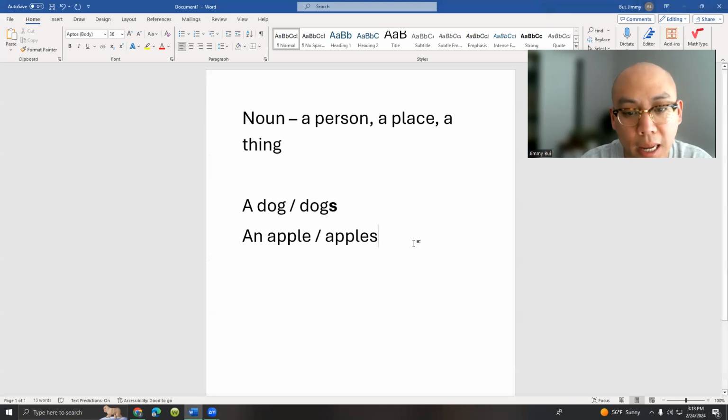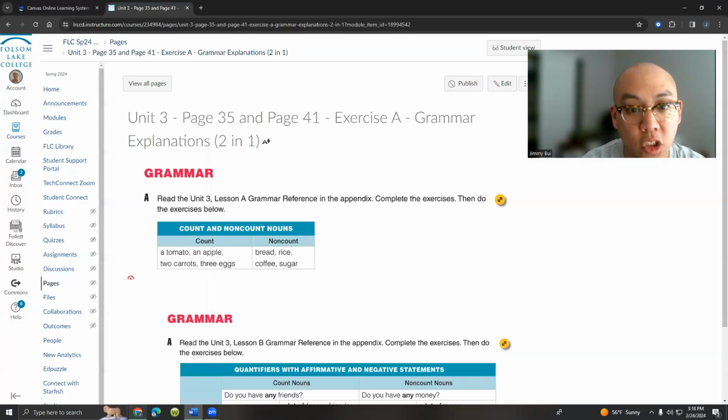Same here, an apple becomes apples. We don't use a or an any longer in the plural form, and that is because a or an is used for one, okay?